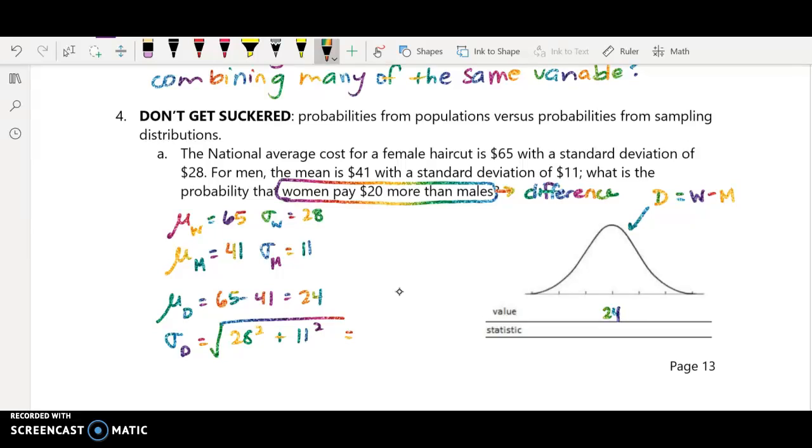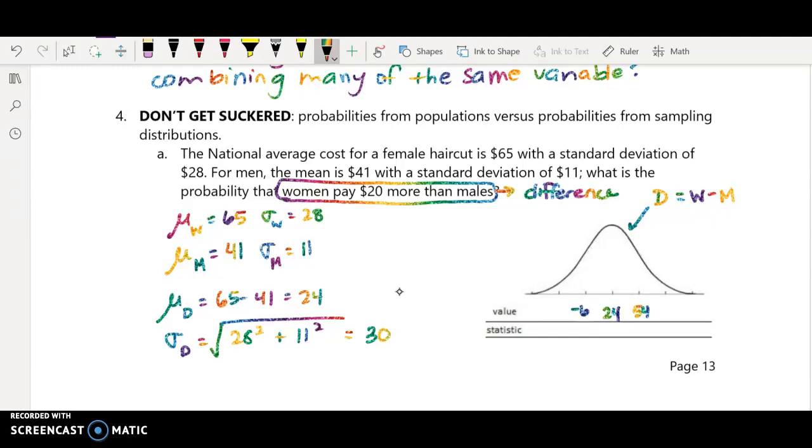And I get the square root of 28 squared plus 11 squared, which is 30. Big standard deviation. So just to the right of 24, one standard deviation is going to be 54, and to the left is going to be -6. So just one standard deviation to the left, and men are paying more than women.